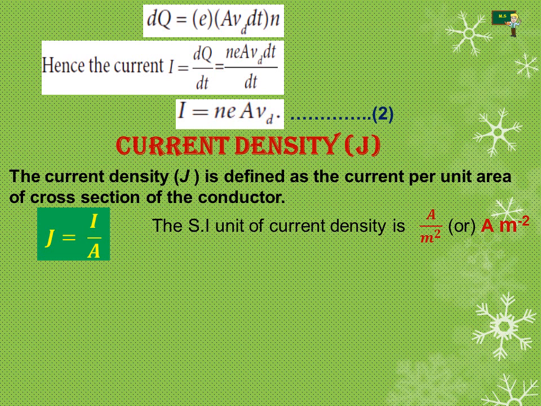In the microscopic model of current, we take only a limited area of cross section, and in that limited area of cross section we take the value of current I is equal to nAeVd. So the current density, also current per unit area of cross section of the conductor, is J is equal to I by A. The SI unit of current density is A divided by m square, or A m minus 2.